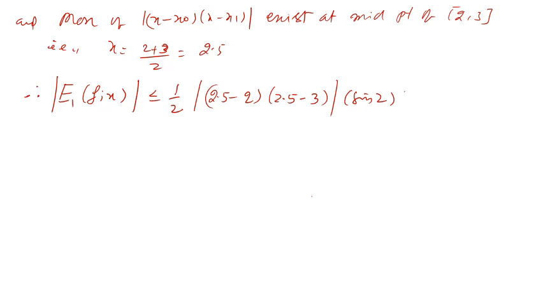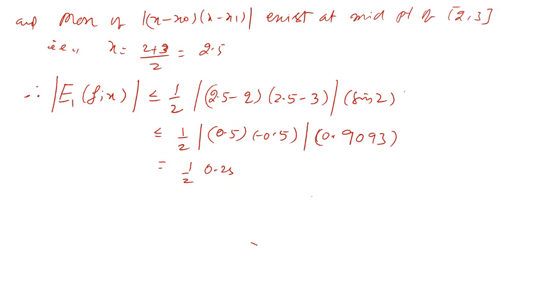So it is less than or equal to 1/2 times |0.5 × (−0.5)| times 0.9093, which is 1/2 × 0.25 × 0.9093, equal to 0.1137.